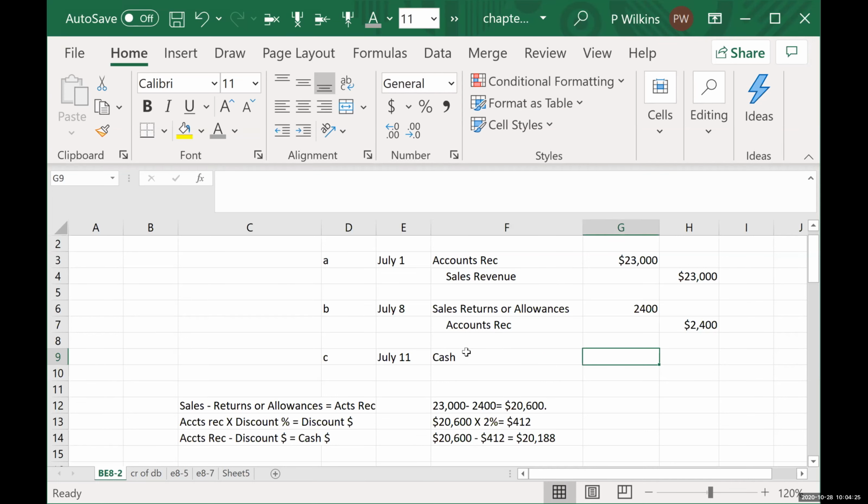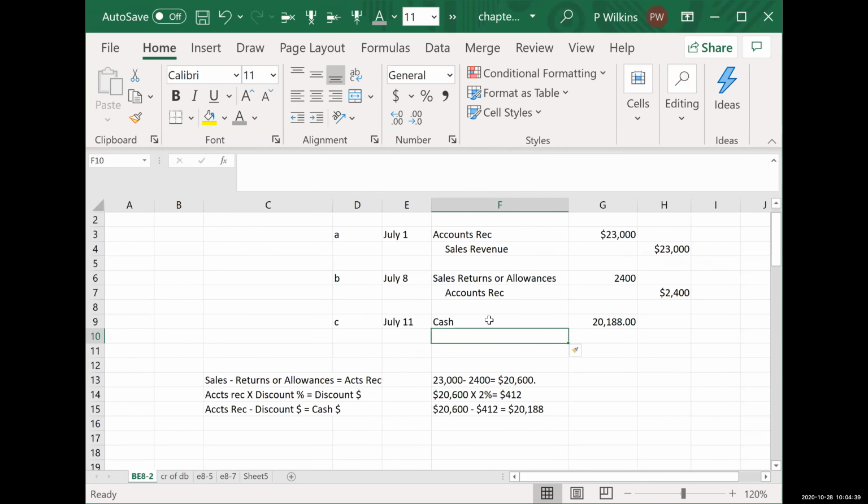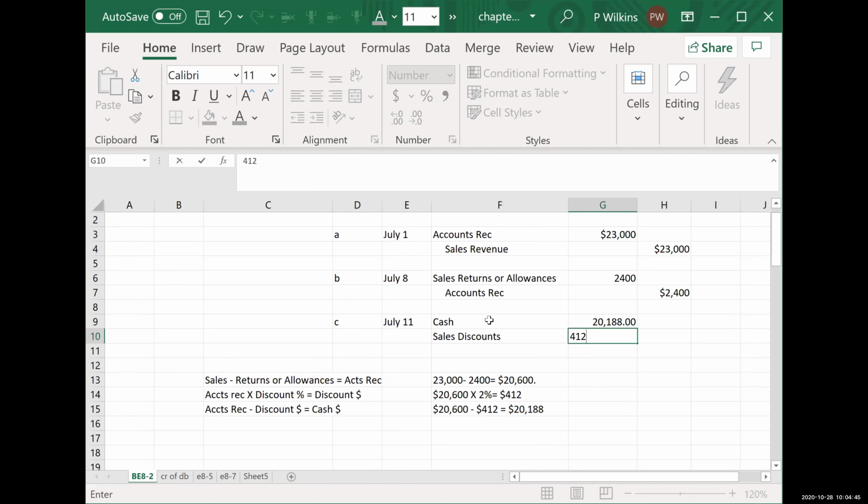We're debiting cash, $20,188. We are going to be debiting, I gotta make this go down just a line. Here we go. Debiting sales discounts for the amount of the discount, which is $412. Okay.